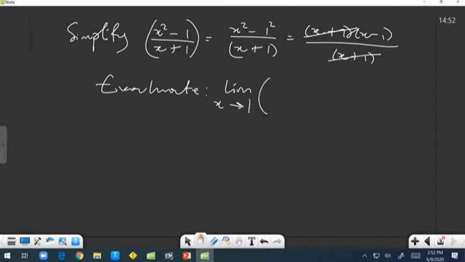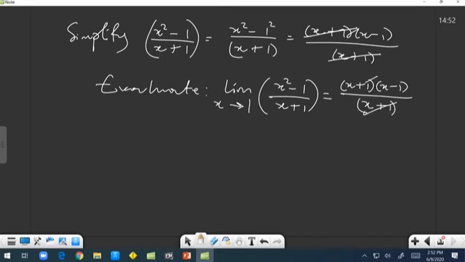If x approaches 1, x squared minus 1 over x plus 1 is equal to, when you have simplified this, x plus 1, x minus 1 divided by x plus 1. And this cancels this once again. So we have limit of x approaching 1, x minus 1. So the answer is 1 minus 1, and that is 0.